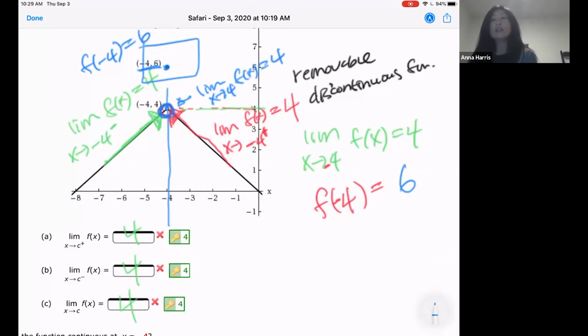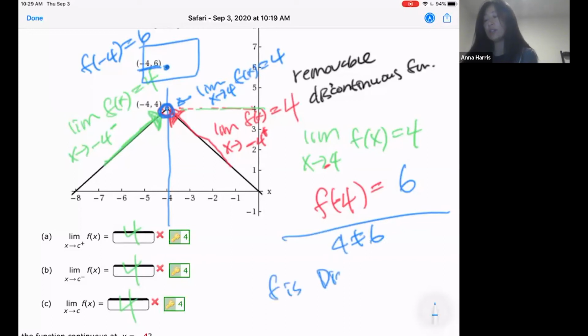All right, so because the limit 4 is not equal to 6, that function is what? Discontinuous. Because the limit is not the same as what? The value.